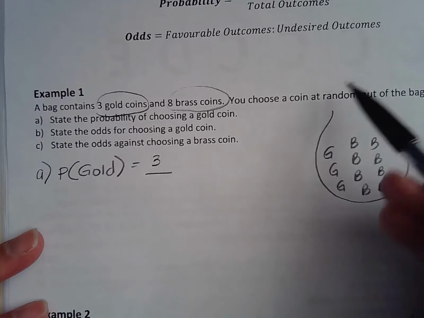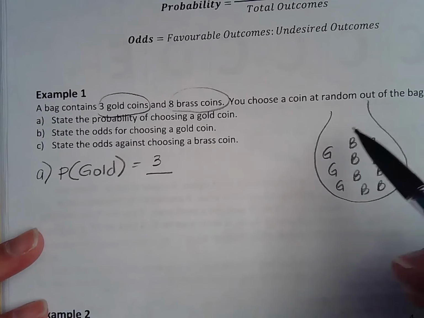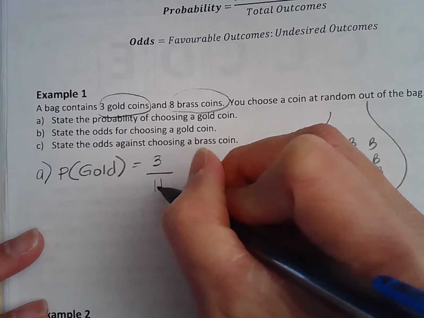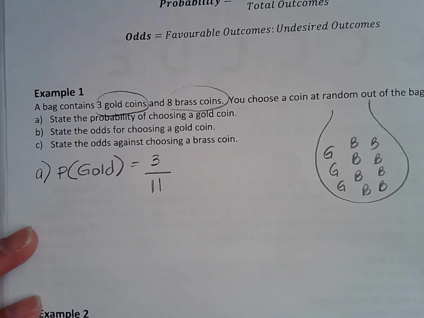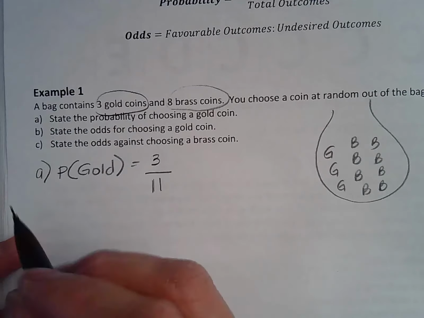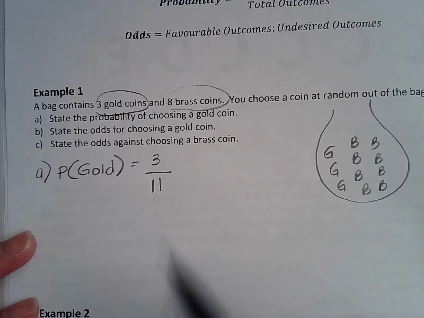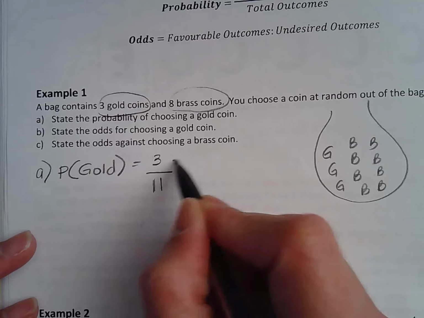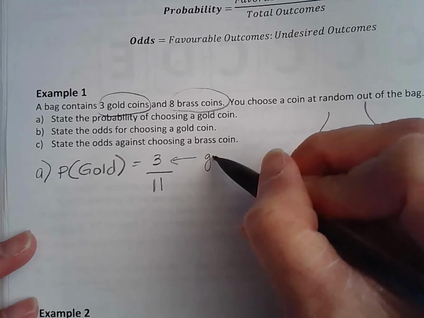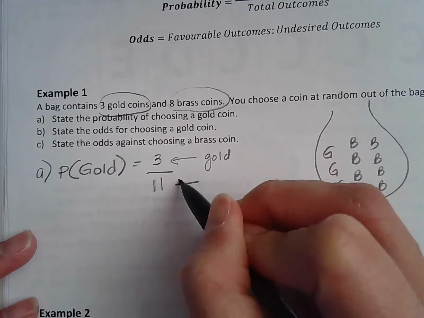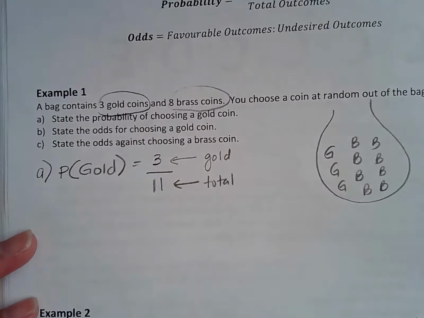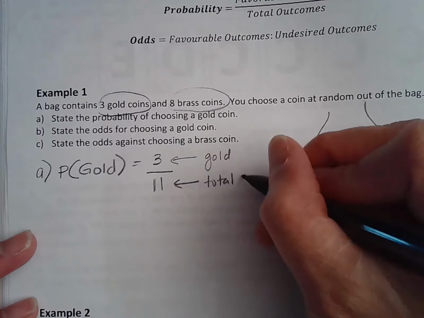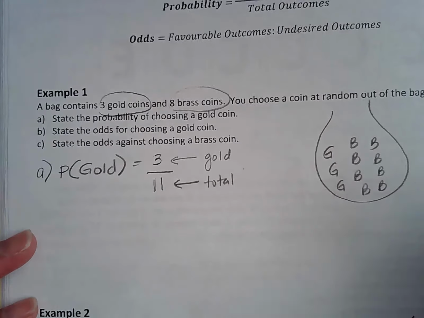So how many are in here? 11. So 3 out of 11. That's the chance of getting the gold. Is that okay? This is how many are favorable outcomes, golds. This is the total. So that becomes the gold and the brass.